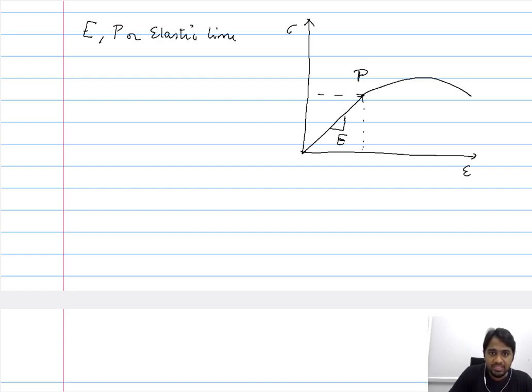The elastic limit and the proportionality limit are the maximum stress till which you can have exclusively elastic deformation, and above which a certain degree of plastic deformation sets in.